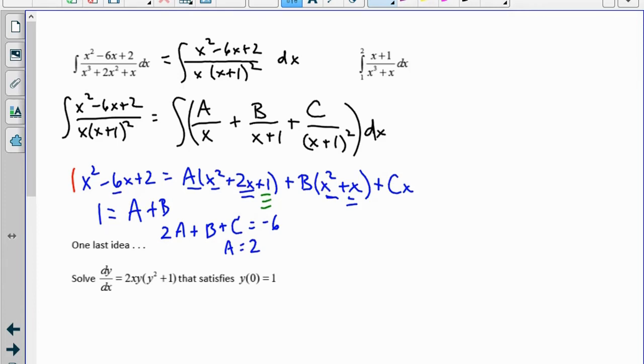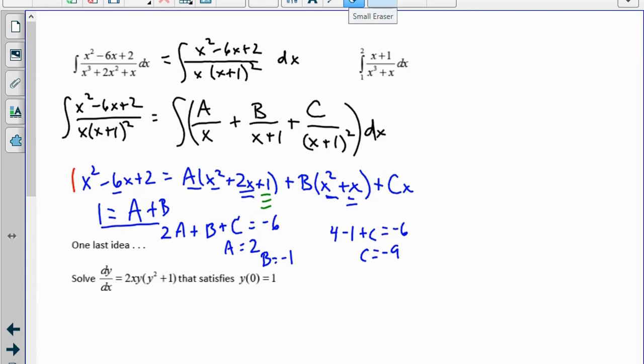So I'll take a equals 2. I can substitute that into this equation over here, which means b equals negative 1. And then when I take a equals 2 and b equals negative 1, I get 4 minus 1 plus c equals negative 6, which means c equals negative 9.